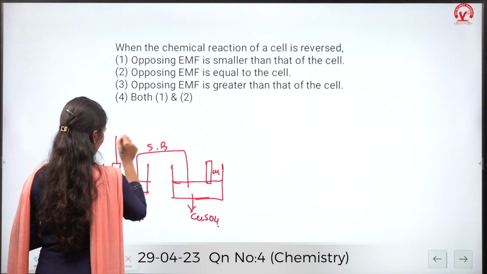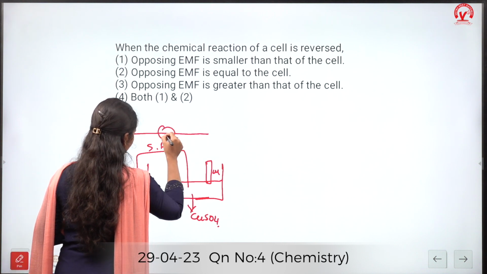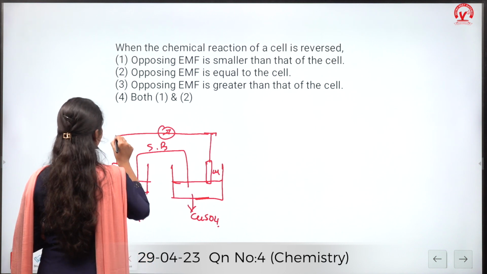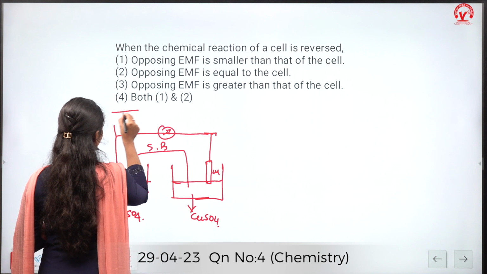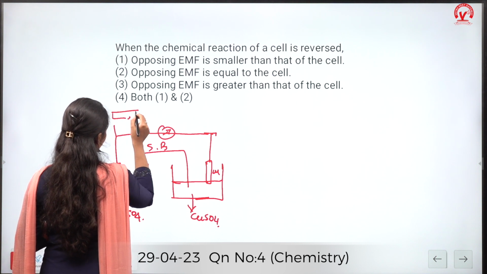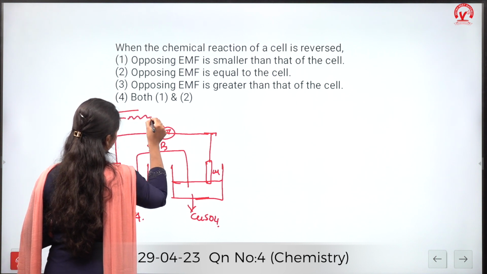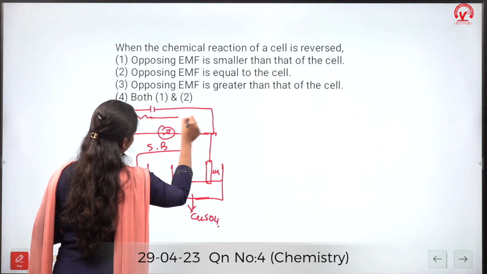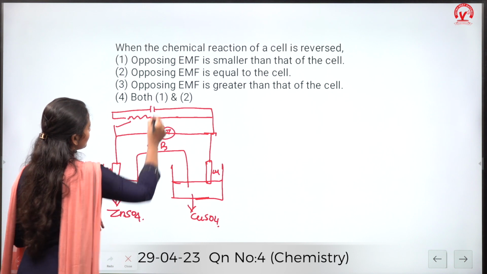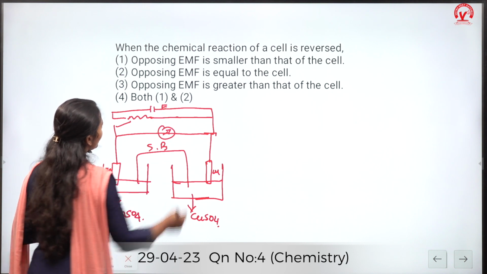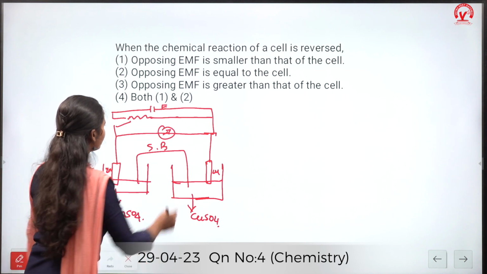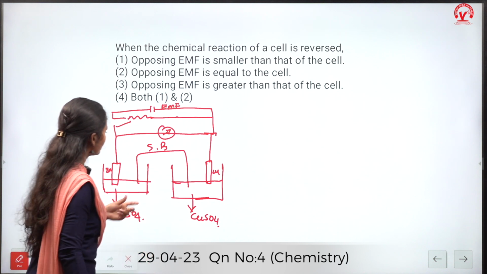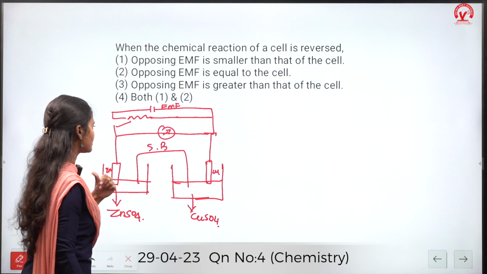These two rods are connected by an ammeter. Here an external opposing EMF is applied. This is a general Daniell cell.